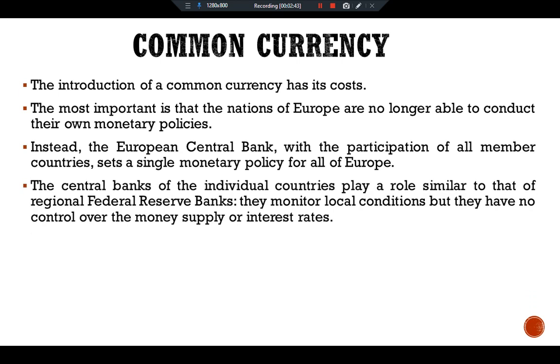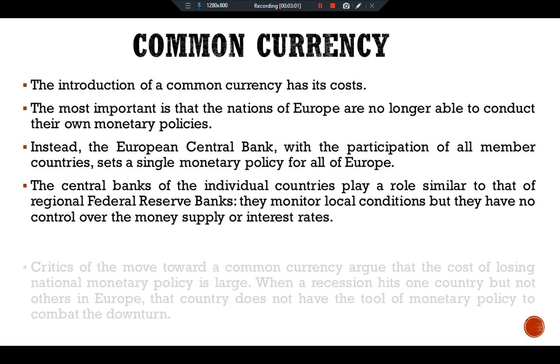The central banks of the individual countries play a role similar to that of regional Federal Reserve banks. They monitor local conditions, but they have no control over the money supply or interest rates.